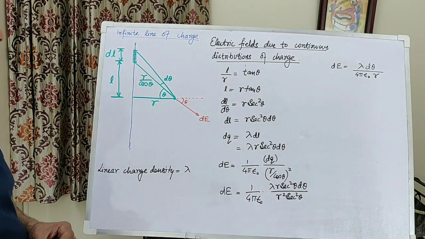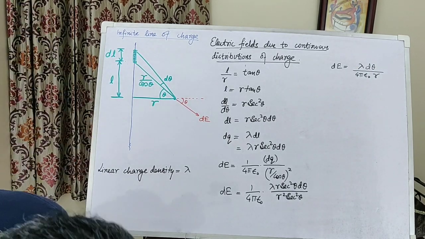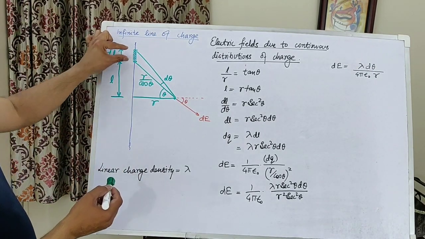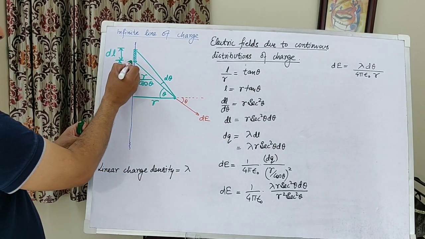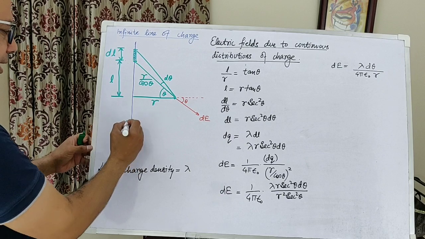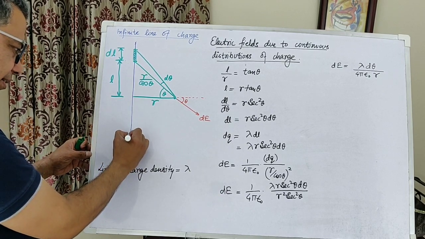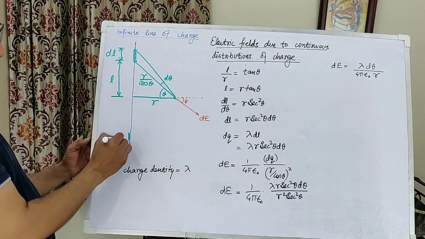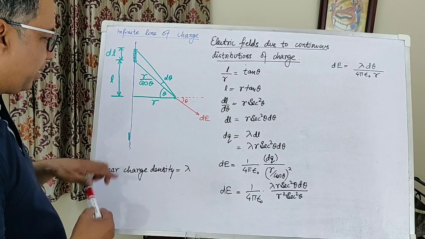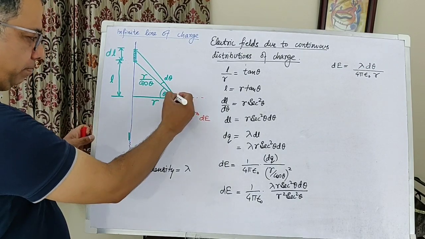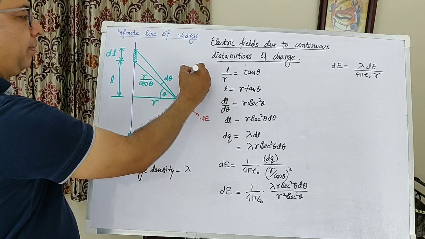Now again, we will be using the symmetry of the situation here. For instance, if we consider another symmetrically located element here, at L having a length dl, the electric field due to this element, dE, will be directed this way.